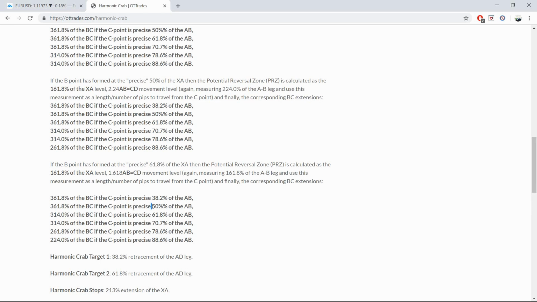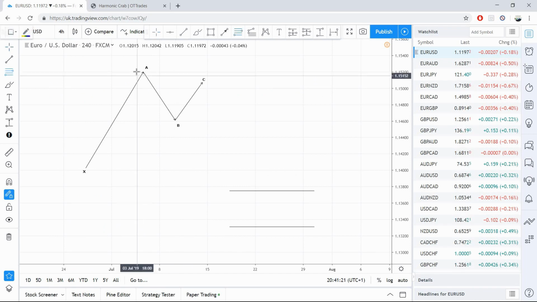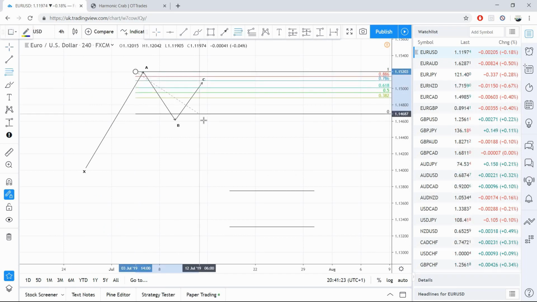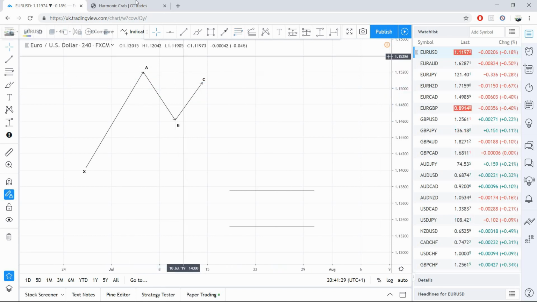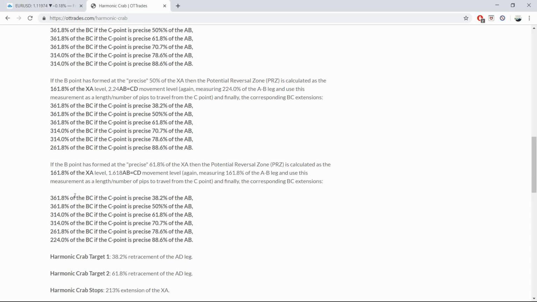Again, precise 50% will mean 1 pip closer to 50% than it is to the 382 or 618, and so on and so forth. Ours, I believe I put as the 786. So the C was, yep, a precise 786 retracement of the A to B leg. That's what all of these are.